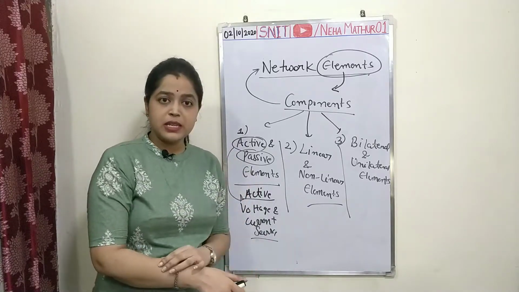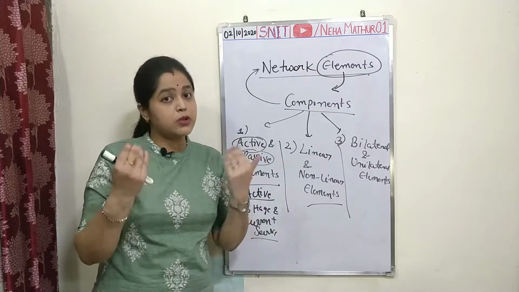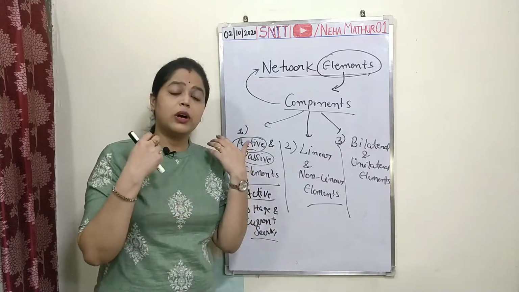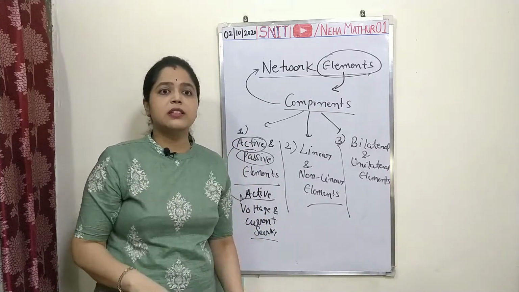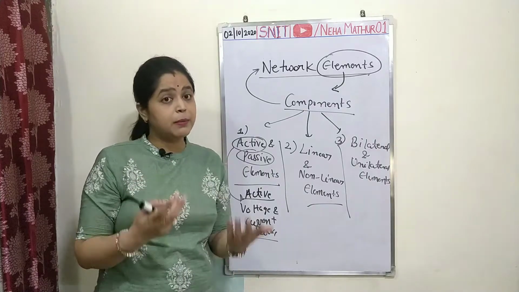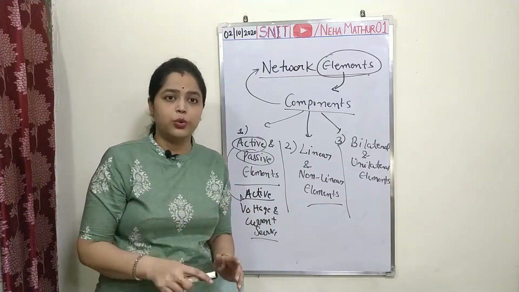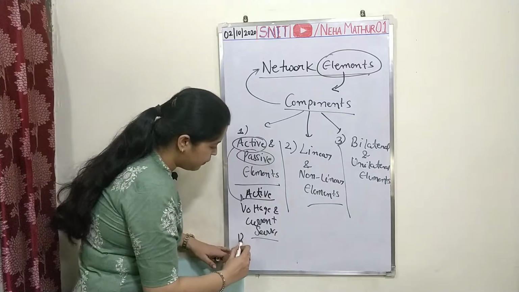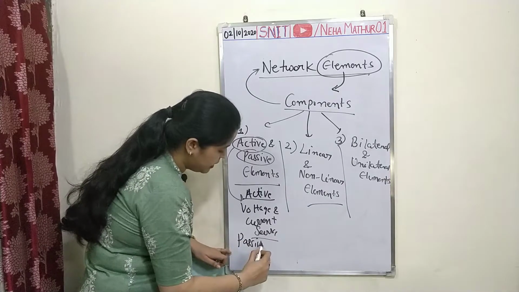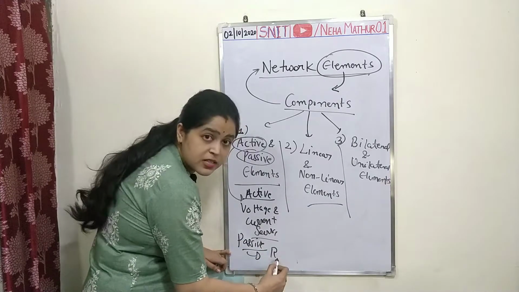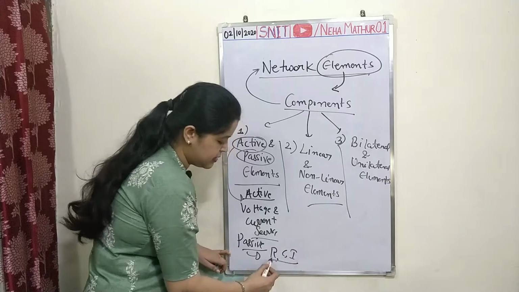Passive elements are only able to absorb power. They have to absorb power so that they can stay in the circuit and current can flow through them. Examples of passive elements are resistors, capacitors and inductors.